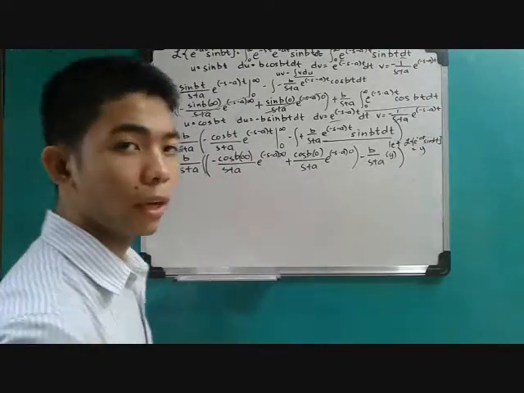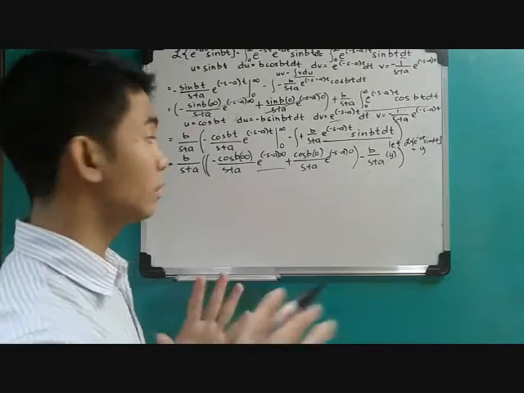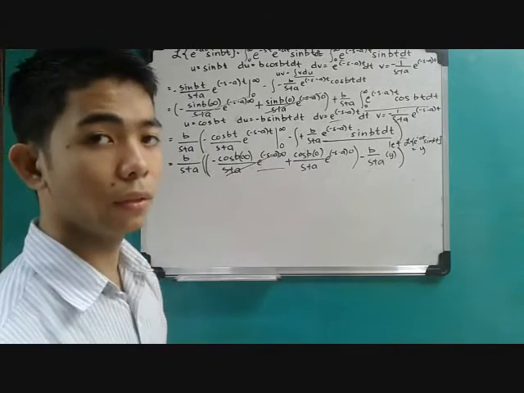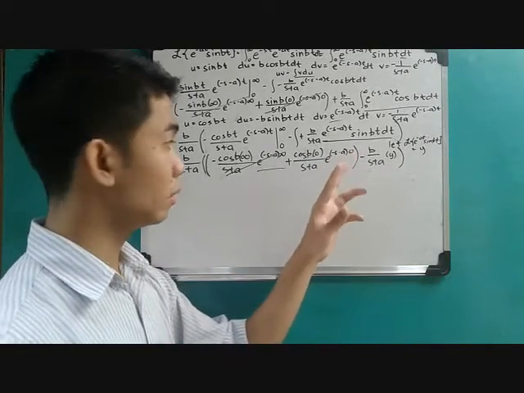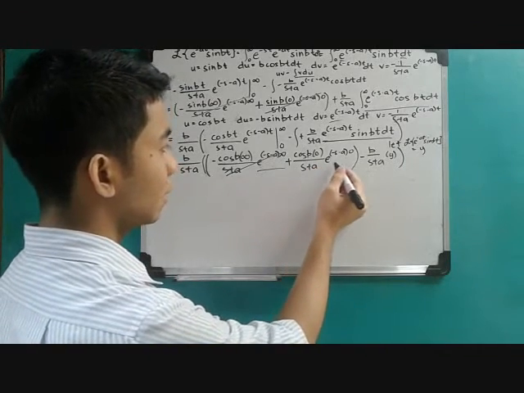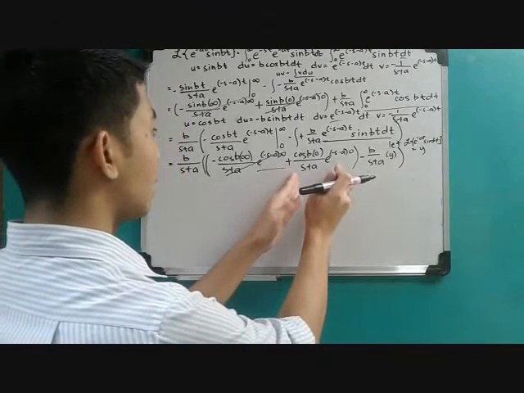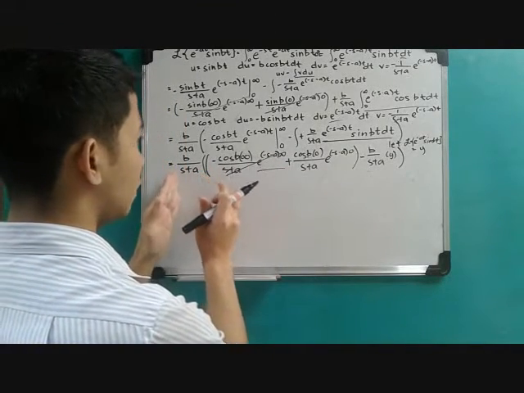So e raised to negative very large number here is equal to 0. So cancel this. And cosine 0 is equal to 1. e raised to 0 is equal to 1. So 1 over s plus a times 1 is equal to 1 over s plus a times b over s plus a.